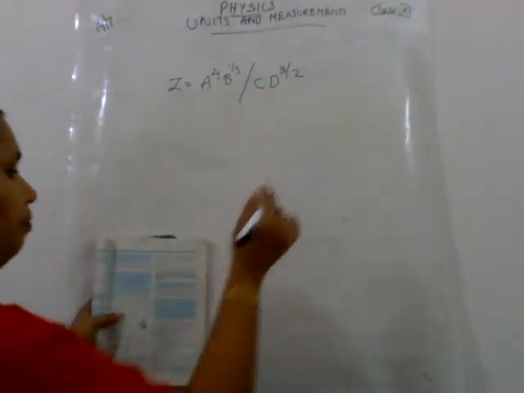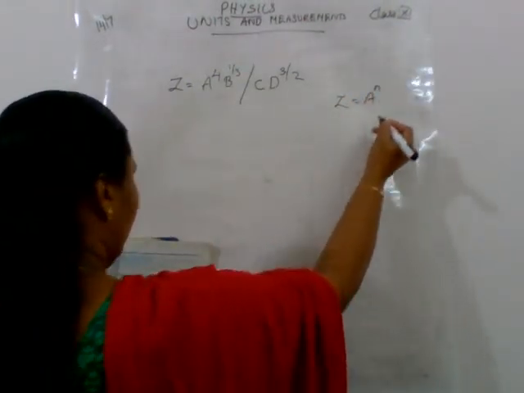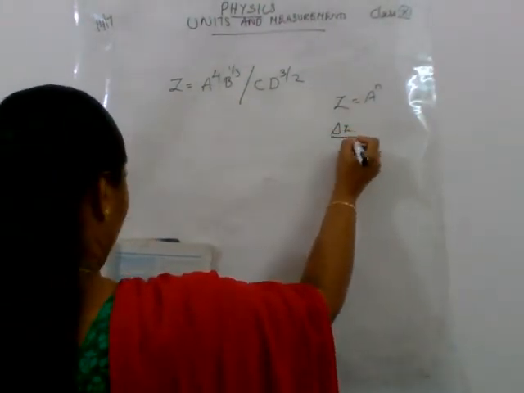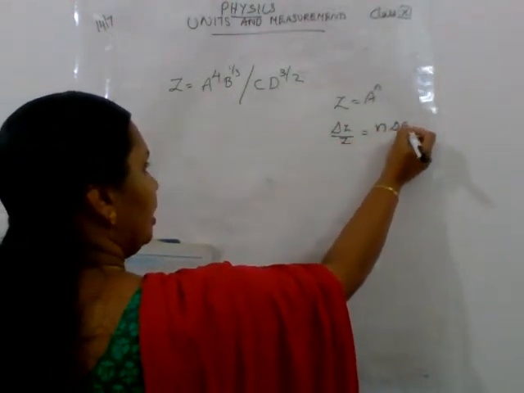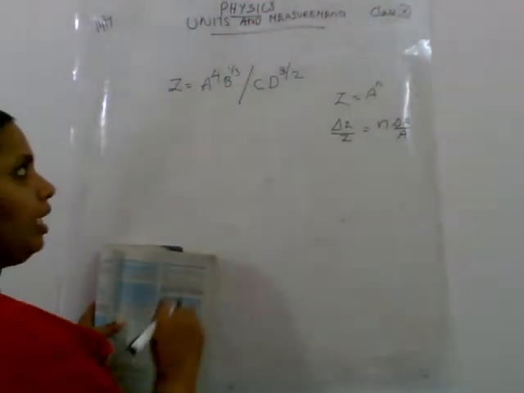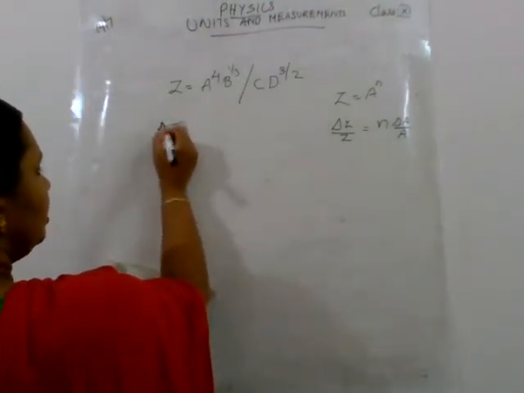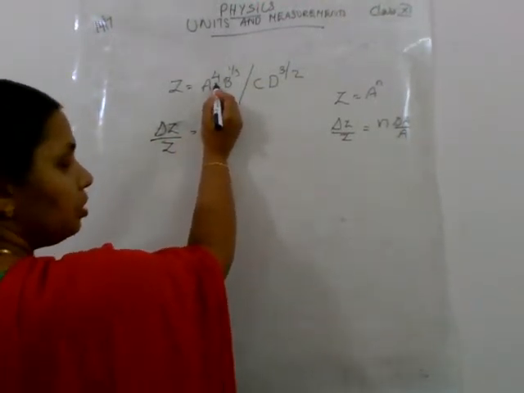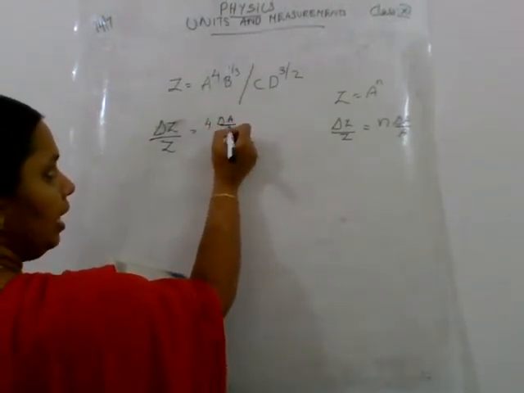So what is it? Power we said: Z is equal to a raised to n, then delta z by z is equal to n into delta a by a. So here delta z by z is equal to, for a raised to 4, 4 delta a by a.